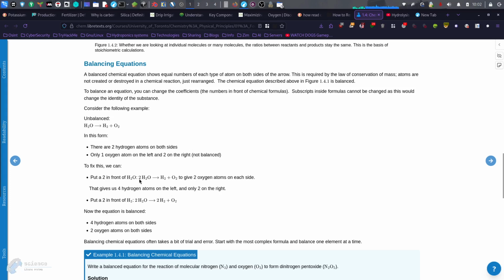We add a number 2 that represents how many molecules we have: 2 molecules of water. In hydrolysis, this produces 2 hydrogen atoms and 2 oxygen atoms.